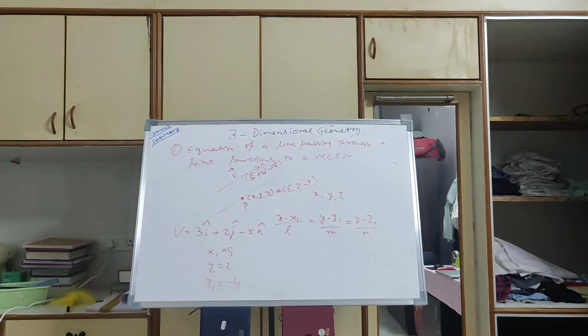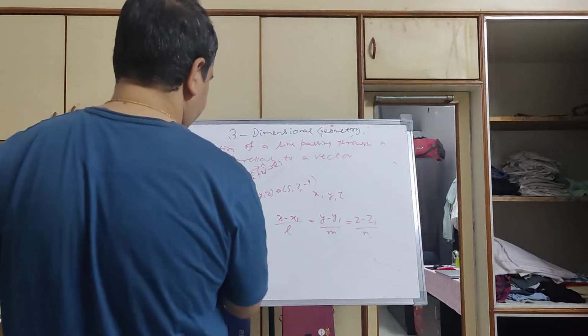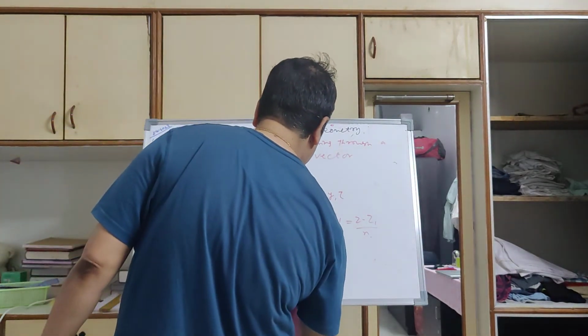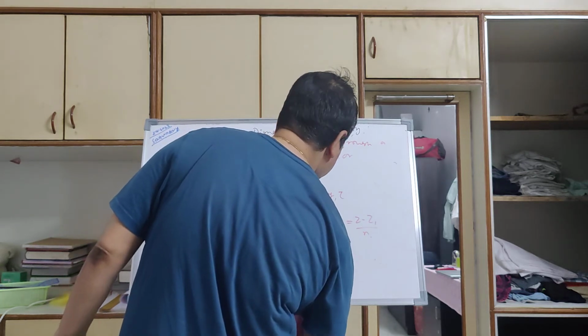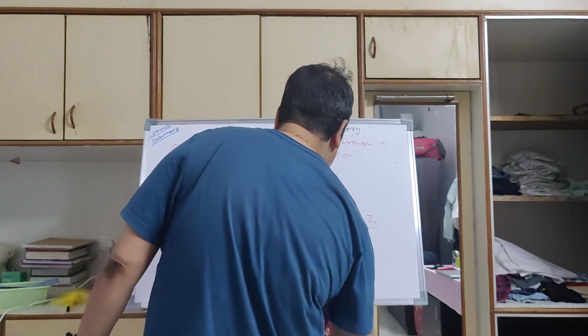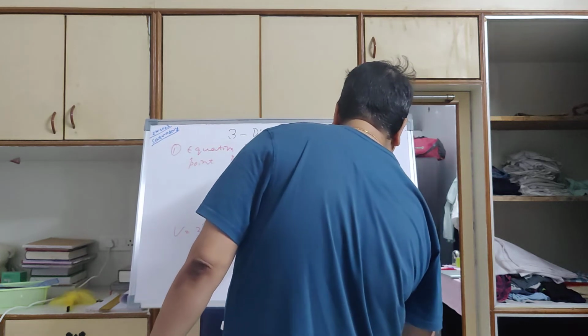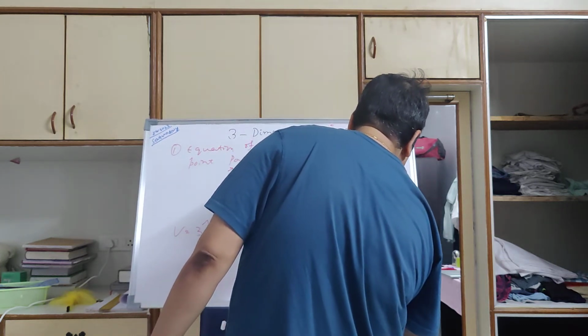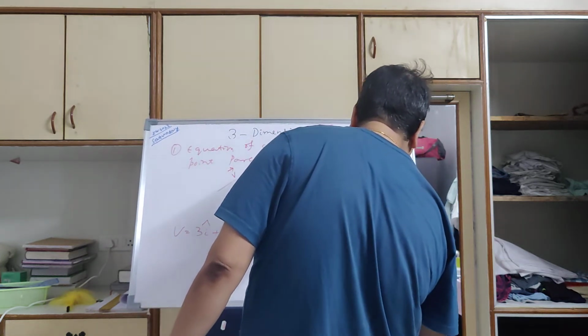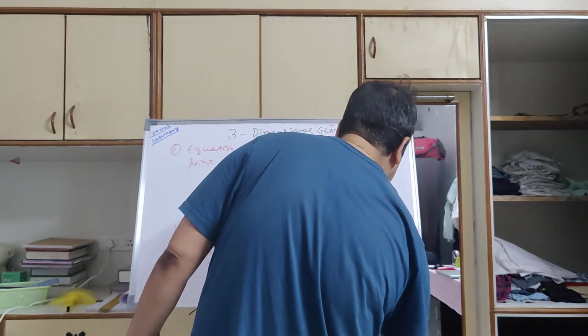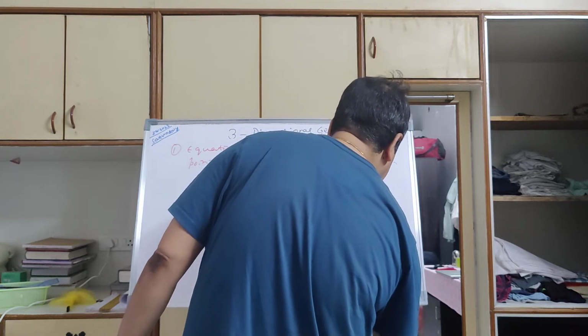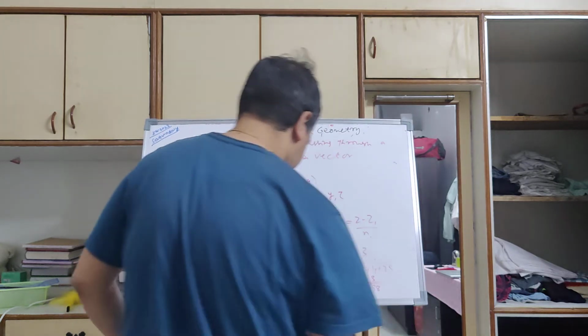From the vector, we'll find the direction cosines. So L is equal to 3 by root of 3 square plus 2 square plus 5 square, which becomes 3 by root of 9 plus 4 plus 25, that is 3 by root 38.